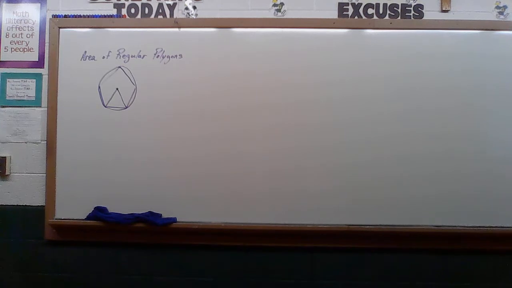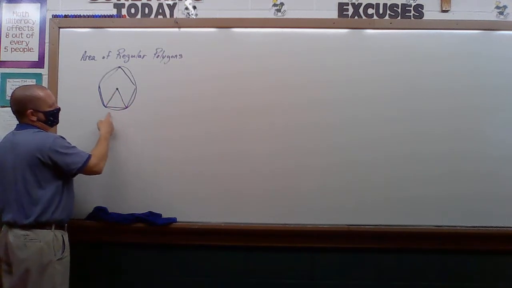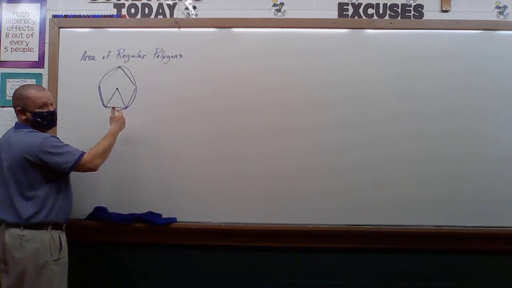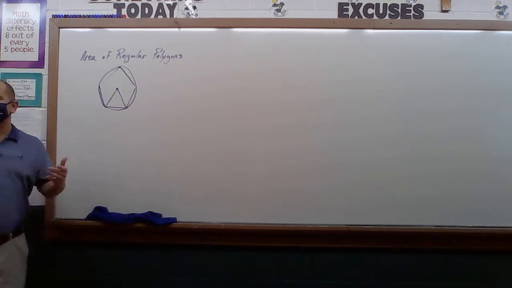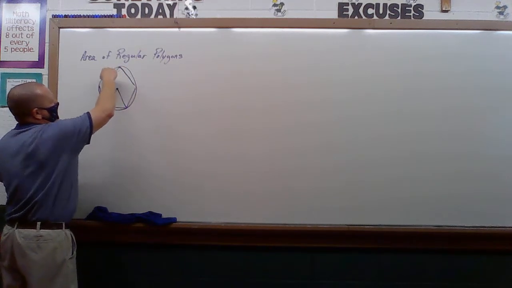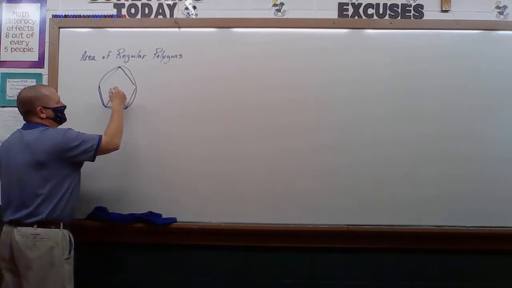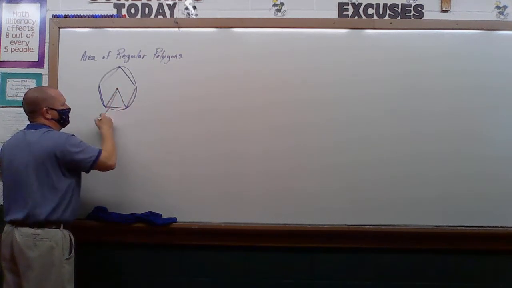It's a central angle, right? So what did we know about the central angle and this arc? They were the same thing, right? But if it's a central angle, would you agree that I can then have that same angle all the way around in my pentagon? So could I figure out what this angle is right there?